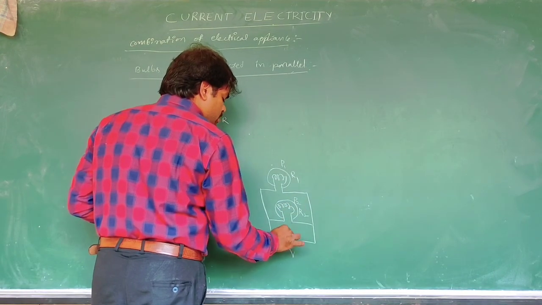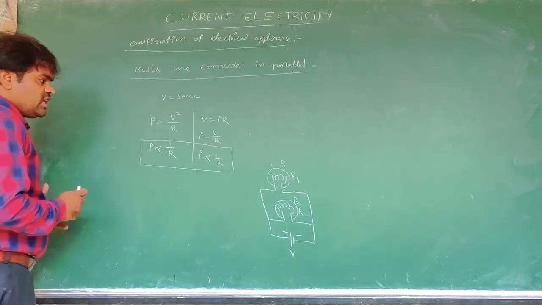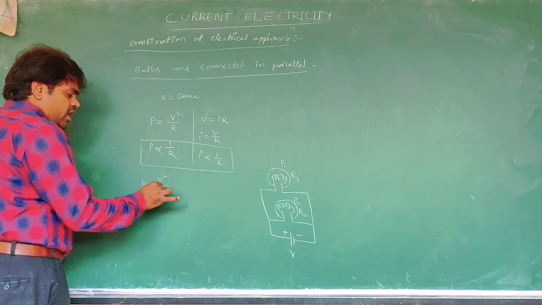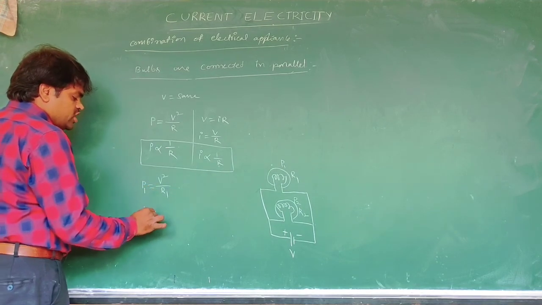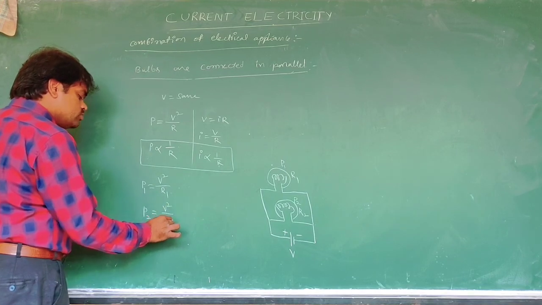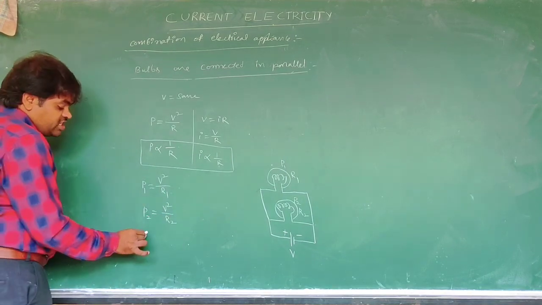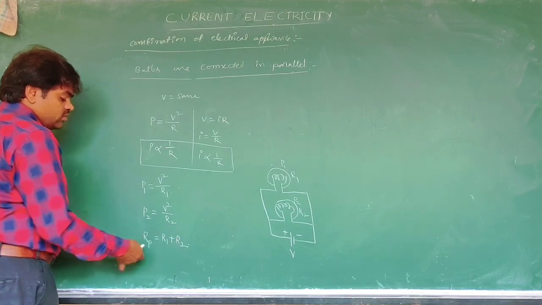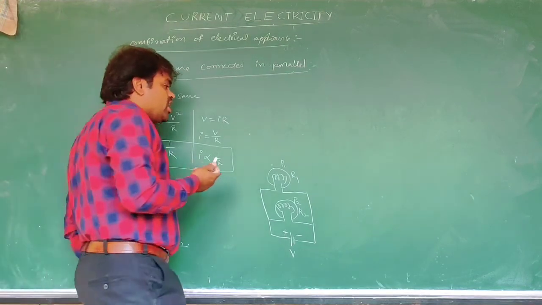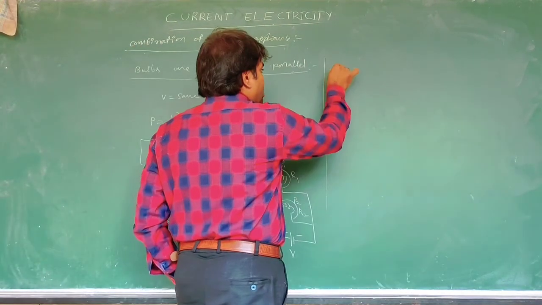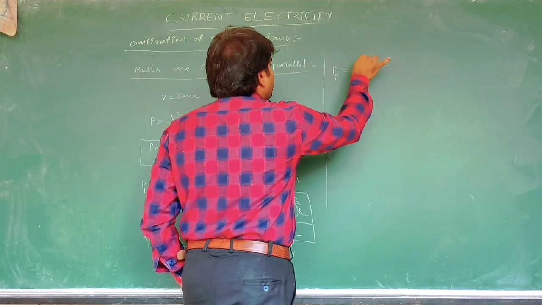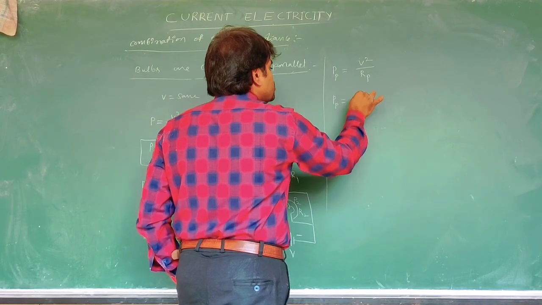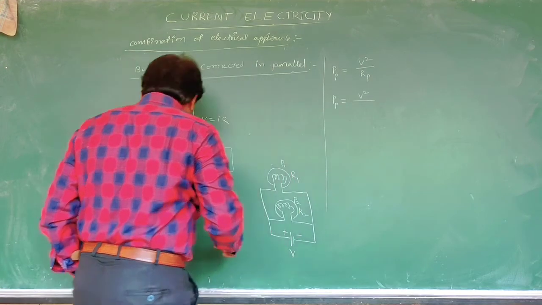Then potential V is applied across them. Then P1 is equal to V square by R1, and P2 is equal to V square by R2. Now the power dissipated in the parallel combination of electrical appliances, Pp, is equal to V square by Rp.